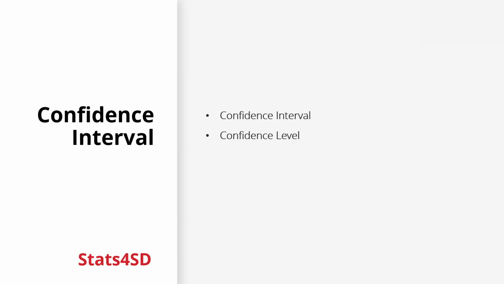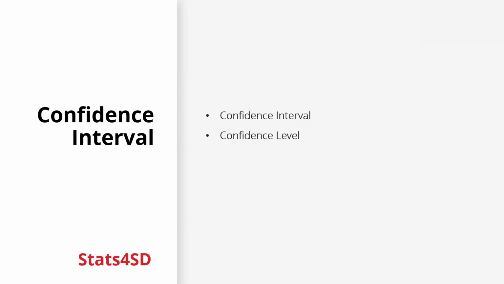If we want to be more confident that our interval includes the true value, for example 99% instead of 95%, the confidence interval gets wider to include more values, to be more confident that it includes the true population value.